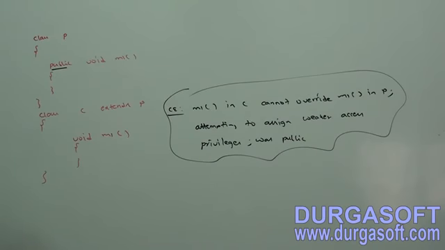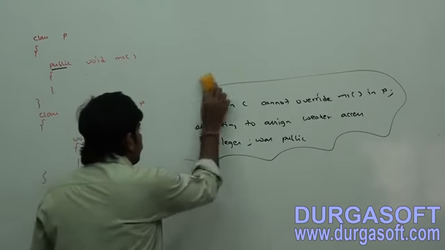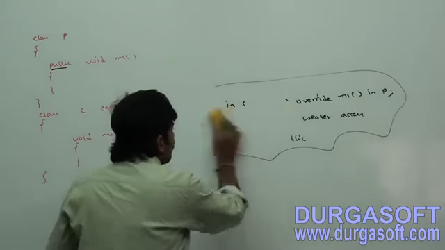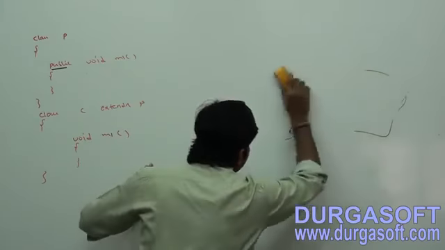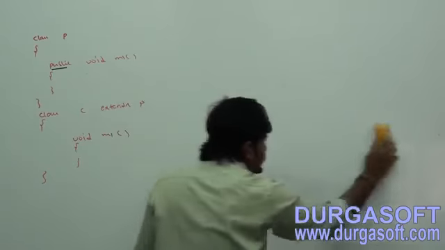Completed, I hope. M1 in C cannot override M1 in P. Attempting to assign weaker access privileges; was public. Next, this is one thing you people should be aware of. Which is the most restricted access modifier?